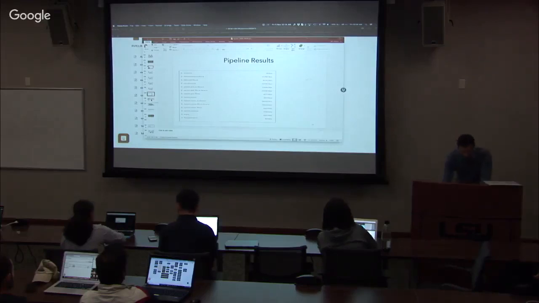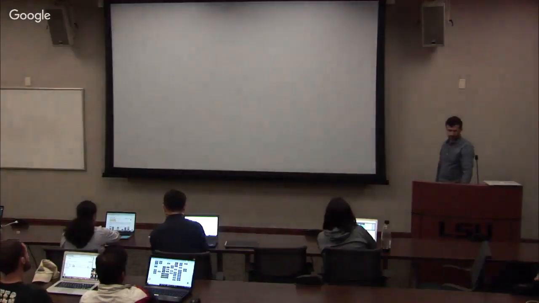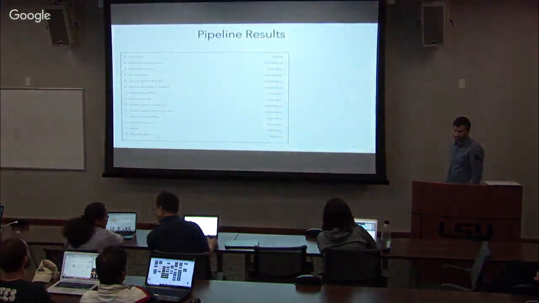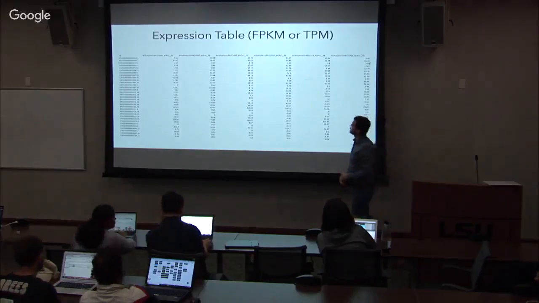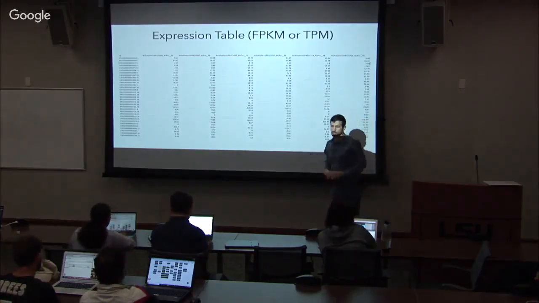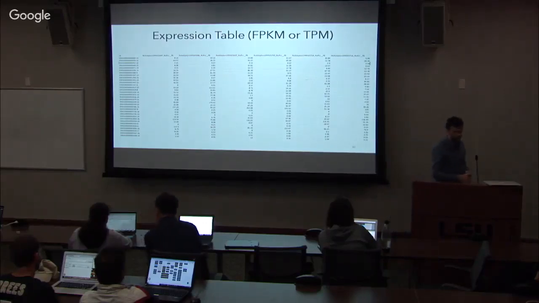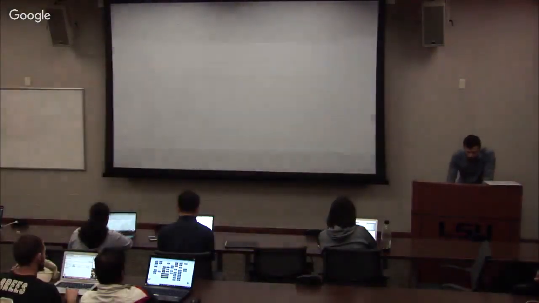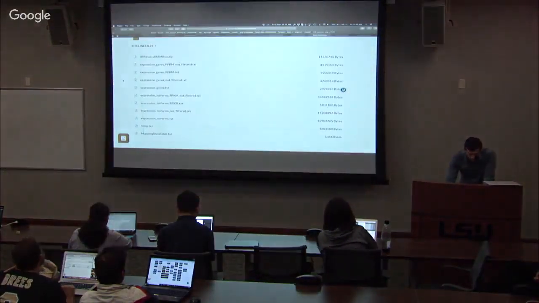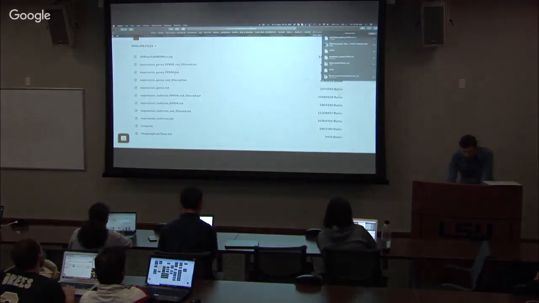And the main thing that we want to look at is the table of expression. So for example, this would be the gene expression table, and this is what it looks like. So if we download this file, expression genes FPKM, if I just click on it, it will download.